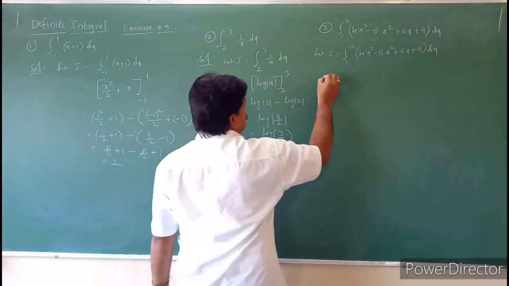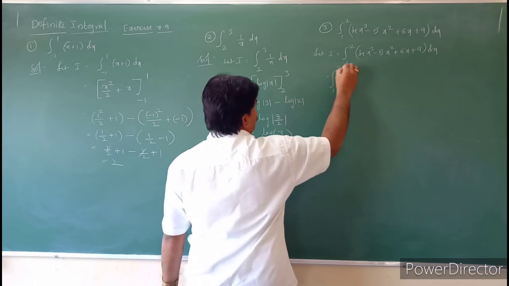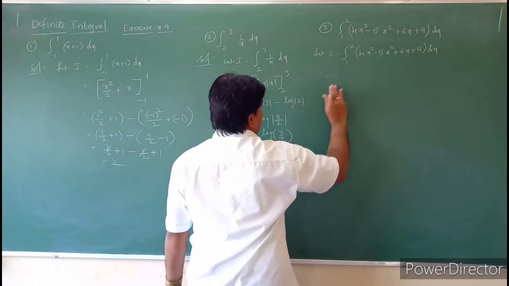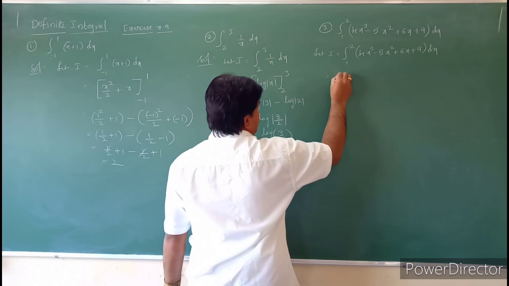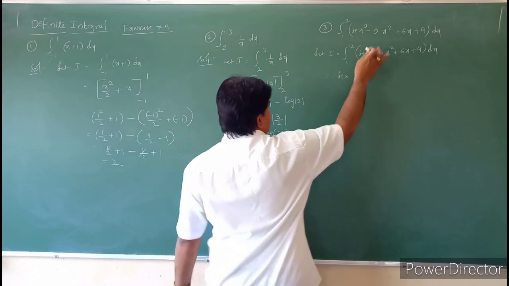So that is equal to integral 1 to 2. If we apply the integration, what we will get: 4 into x cube integration.